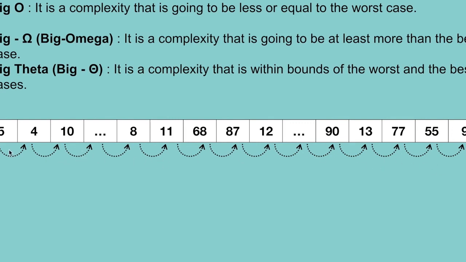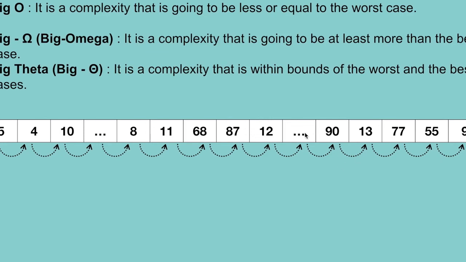In this case, we will visit all elements of this array. Let's say the time that we need to visit each element is 1 millisecond, so the time that we need to visit all of the elements will be n multiplied by 1, where n is the number of elements in the array.